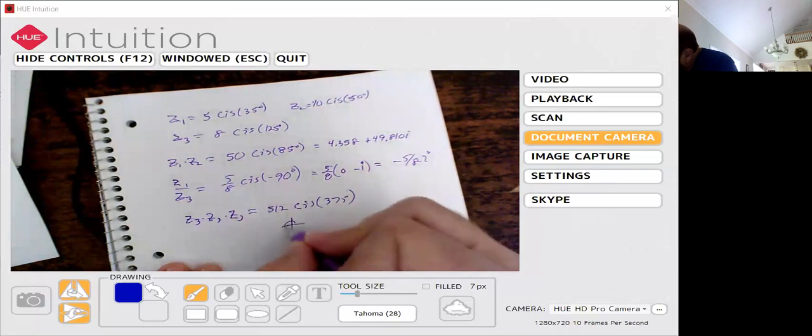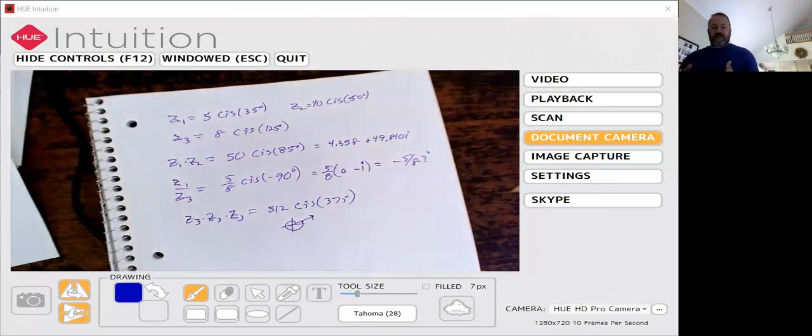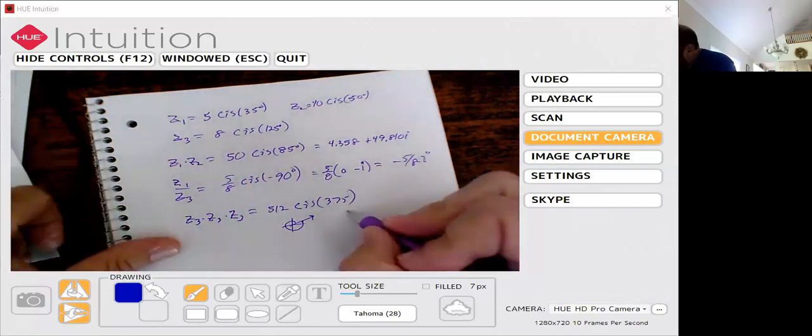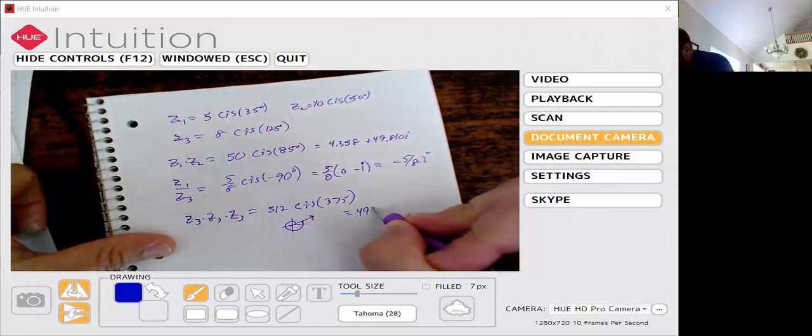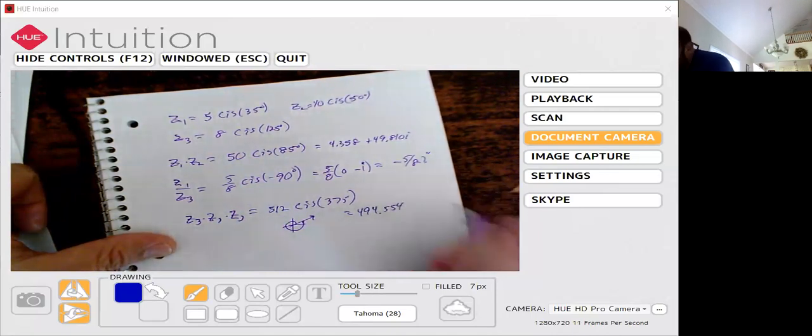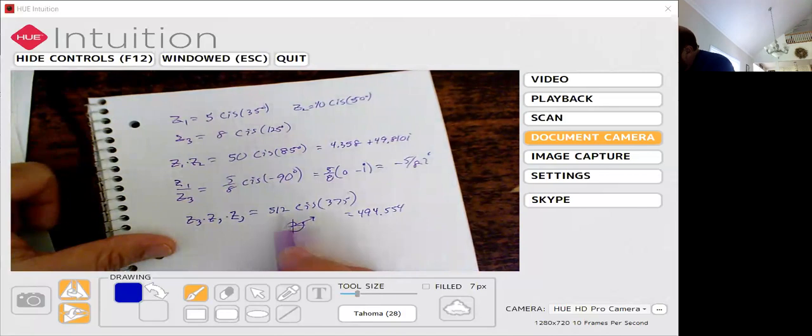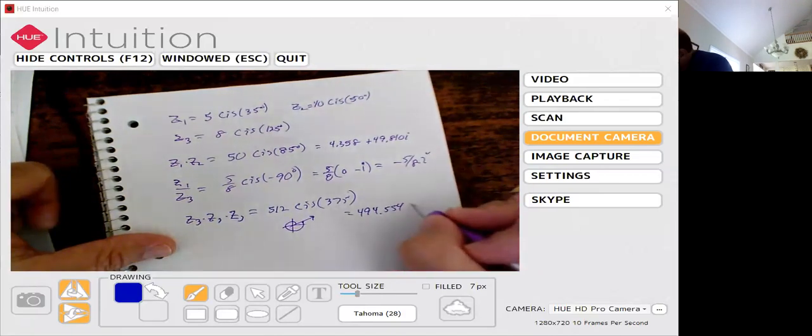By the way, here, that should tell you that both values should be positive, and it turns out 512 cosine 375 would be 494.544, and 512 sine 375 is 132.515.